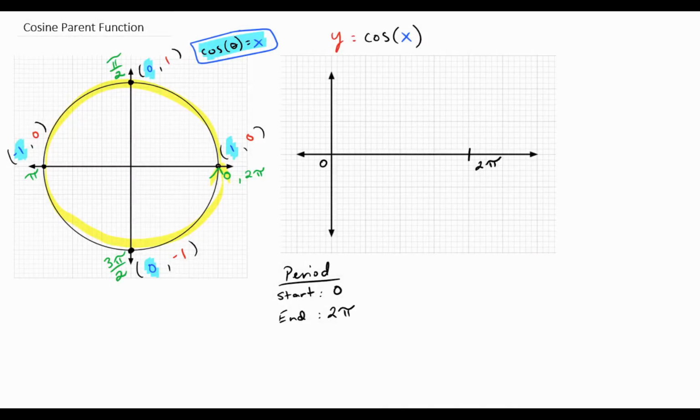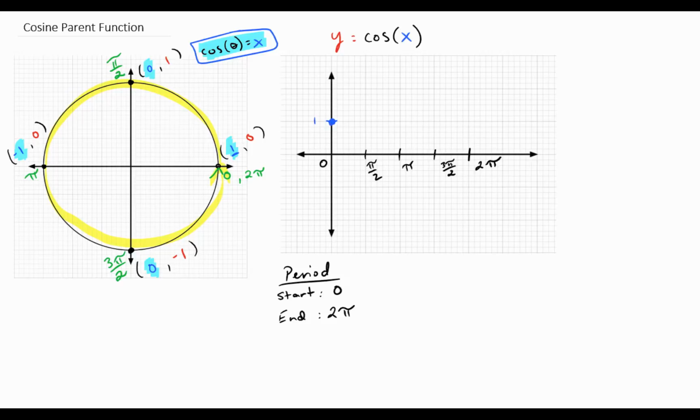For a cosine graph, things are going to look a little bit different. But first, let's graph out our quarter marks. Just like sine, we hit important values at 0, pi over 2, pi, 3 pi over 2, and then back at 2 pi again. Unlike sine, when I'm at 0 with cosine, I'm up at 1, or up at my amplitude.